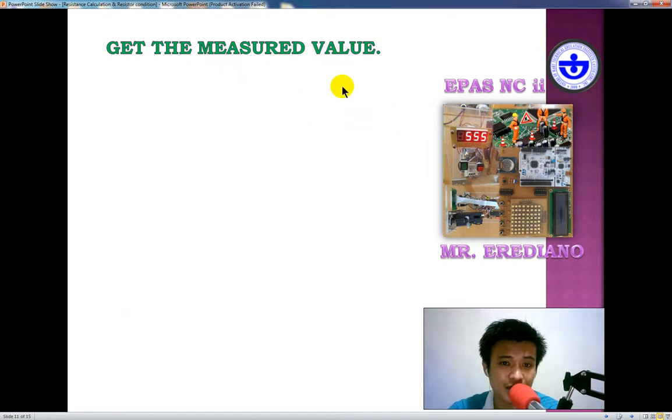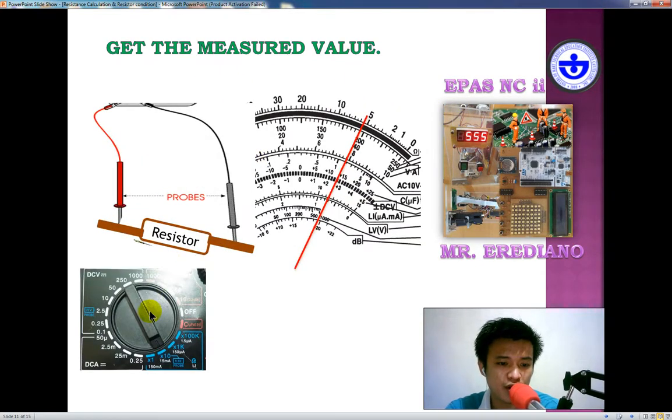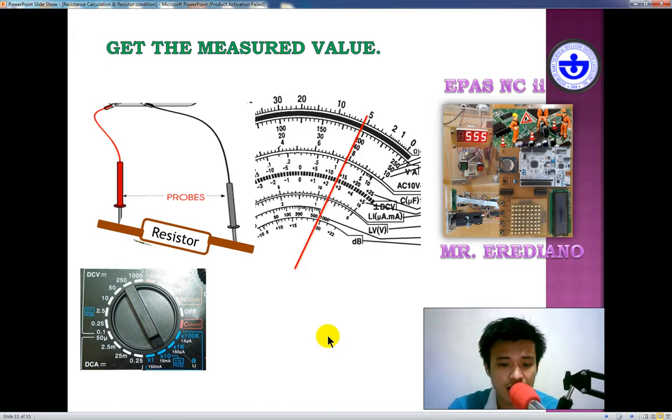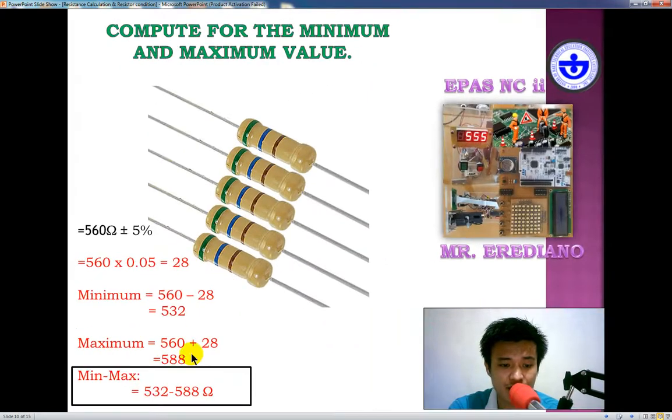Next here is get the measured value. So again, to get the measured value, you need to set your range selector to the appropriate setting, then connect your test probe this way. Of course, do not forget to set your needle pointer exactly on 0 ohm before measuring any resistance. Then for example, if this is the reading, we will just assume that this is our measured value, 550 ohms. That's based on this resistor in here.